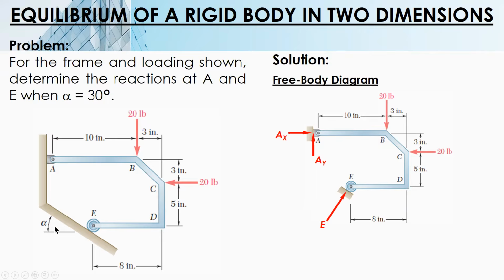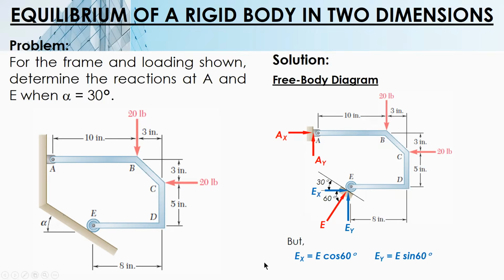Now, alpha is given as 30 degrees, so the other angle is 60. So we can resolve: E cosine 60, since 60 is referred to X, while for Y, EX and then EY. Our EX is E cosine 60. EY is E sine 60.